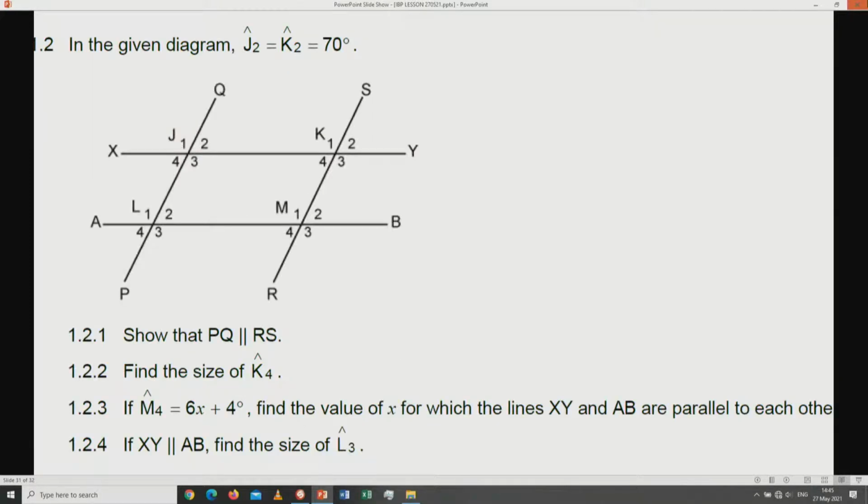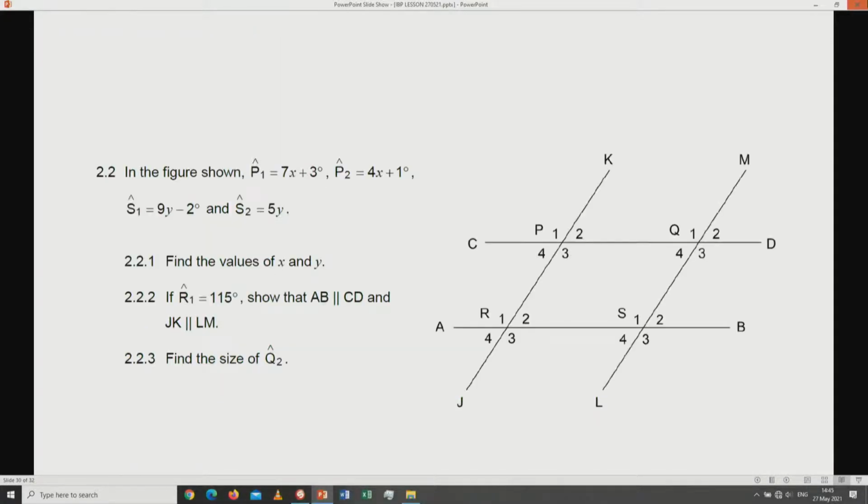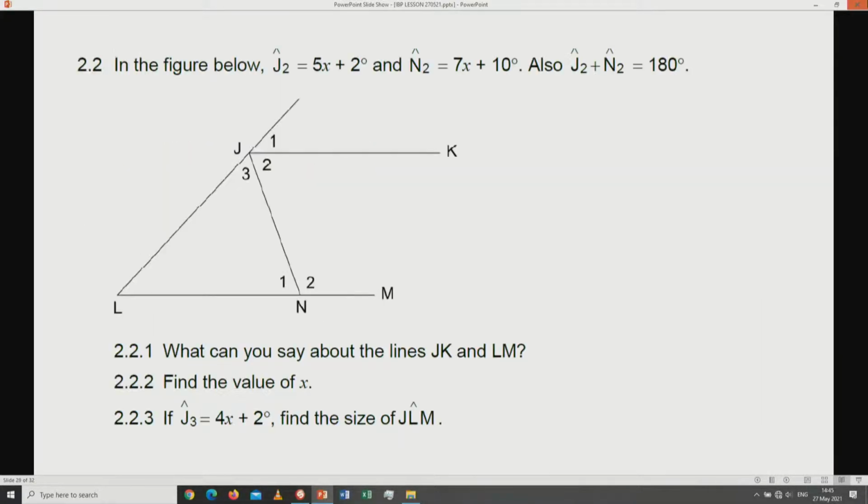Right. Let's look at this one. Let's do this one. All right. In the figure below, like I said, it's important to read each and every piece of information. J2 is equal to 5x plus 2 degrees. It's wise to put it down there on the figure.